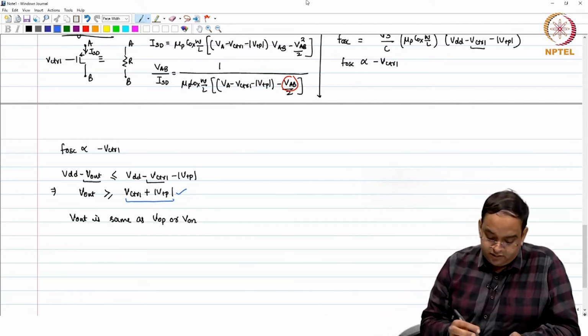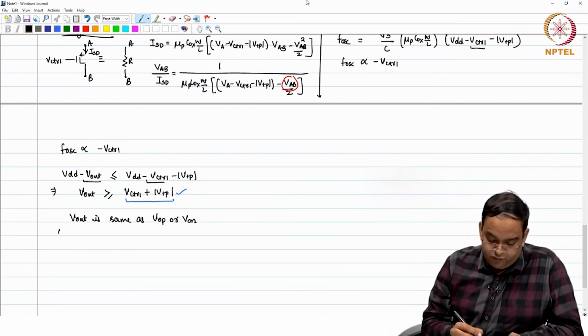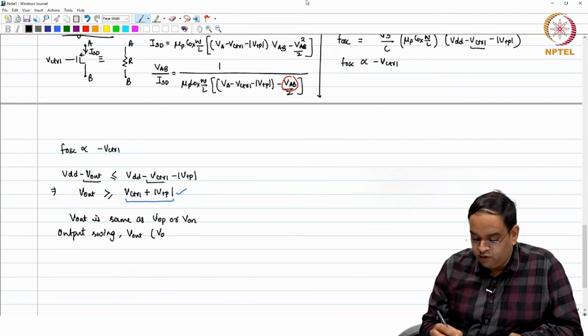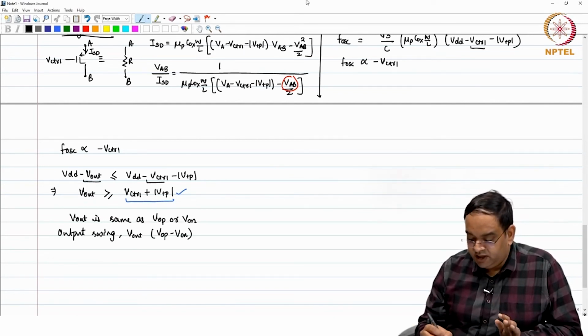I can just write the output swing V out, which is equal to VOP minus VON at any given time, is less than or equal to V control plus mod VTP.